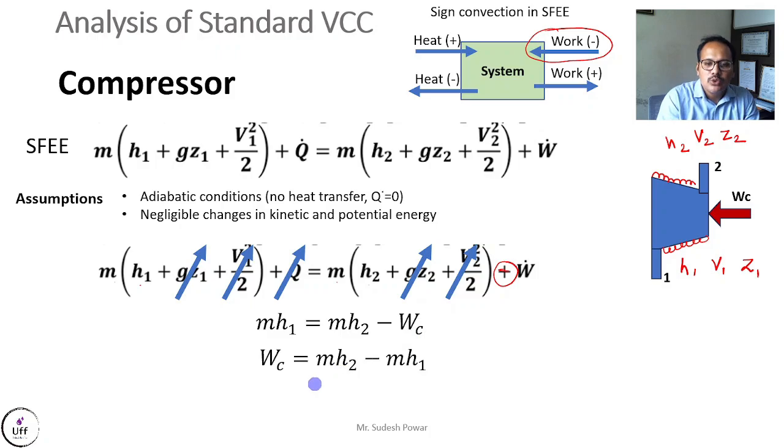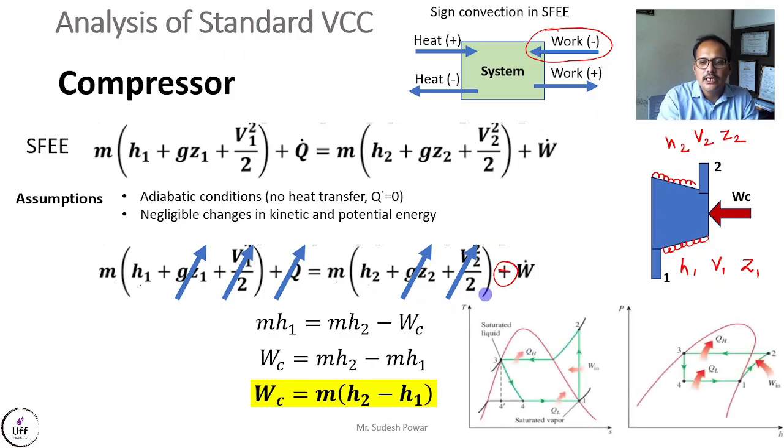We can find it using the formula: mass flow rate of refrigerant into (h2, the enthalpy at exit of the compressor, minus h1). If you see this process on the TS diagram and pH diagram, process 1 to 2 is indicated by this red line. That's all for the compressor.